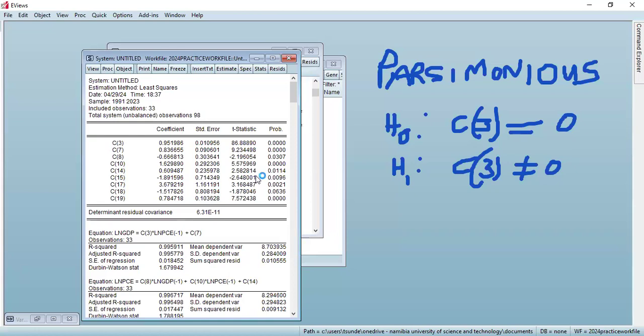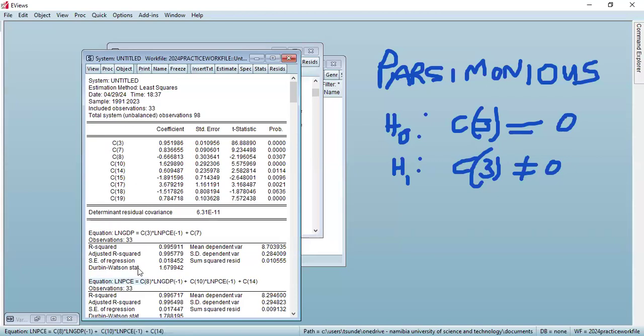In all these tests that we are going to do, all the variables that are here are significant in explaining the independent variables. So if we do the Granger causality test, we find that GDP in the second equation must Granger cause PCE in the second equation.